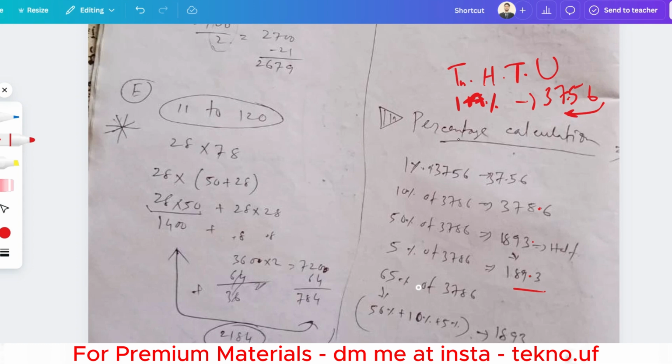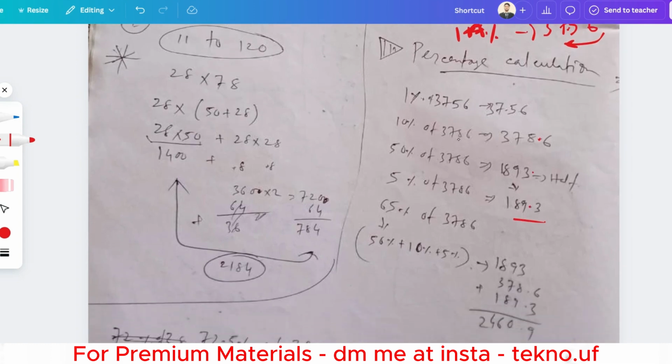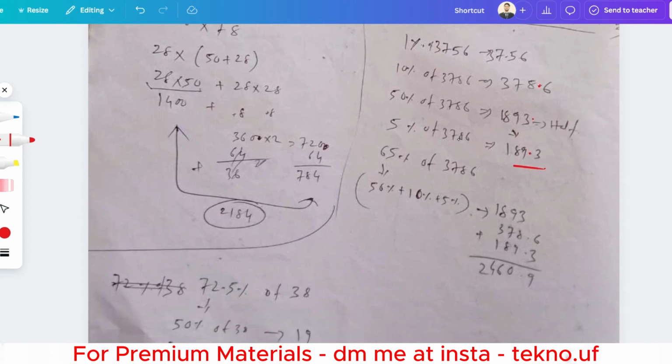As you can see, 65, you can divide this as 50% plus 10% plus 5%, right? So 65% of this number you don't know as of now, but you know 50% of this number is 1878, that means half of this number.